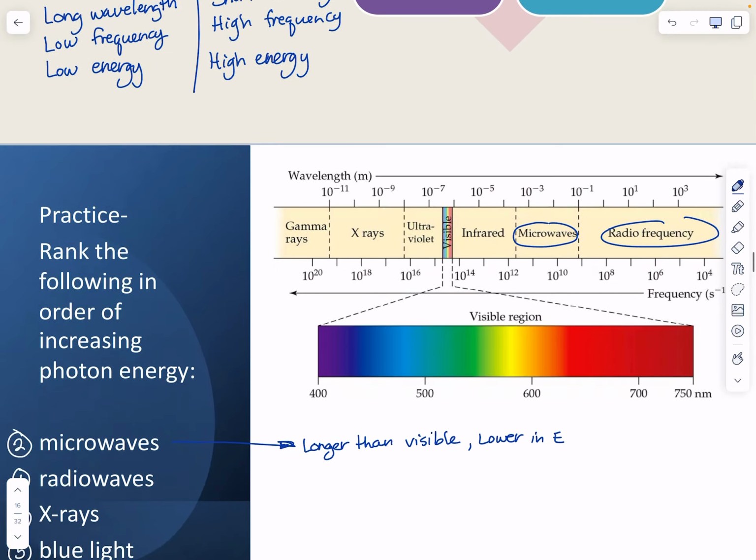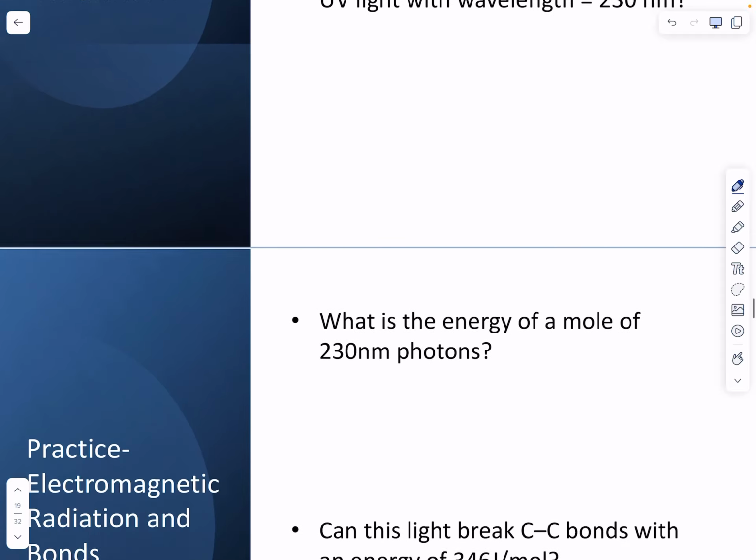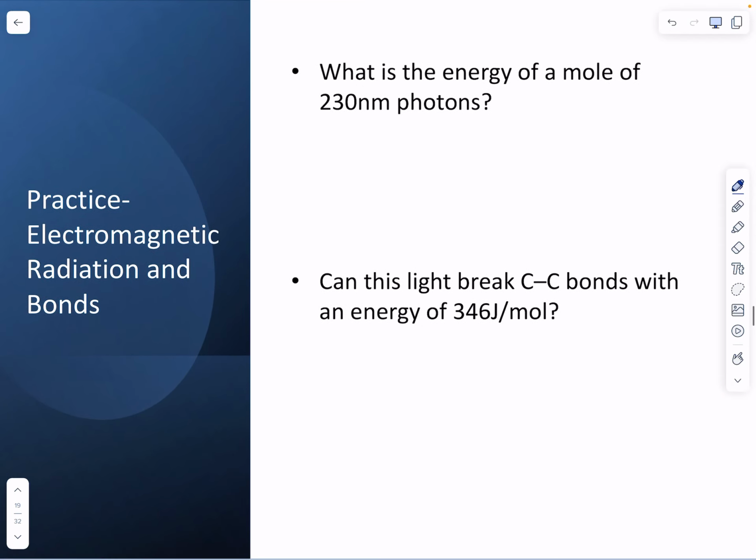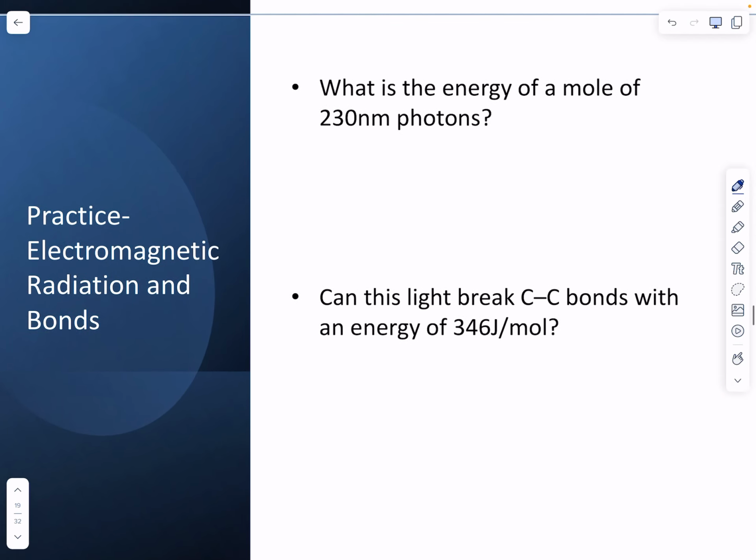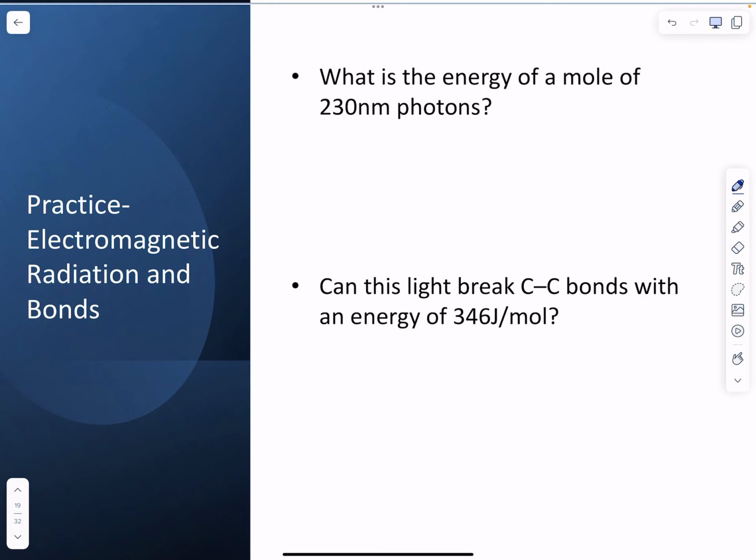So let's talk for a brief minute about when we have lots of photons or lots of packets of light. I told you that certain types of radiation could knock electrons out of atoms.